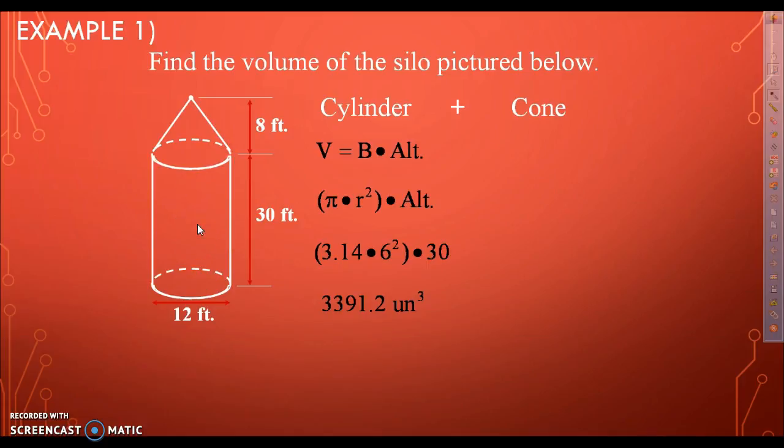So all we need to do is find the volume of this top portion, which is the cone. We're going to use the volume of a cone, which is given by 1/3 of our base times altitude. And once again, our base will actually be shared by the top portion of our cylinder. So once again, our radius is not 12, it is 6, half of the diameter.